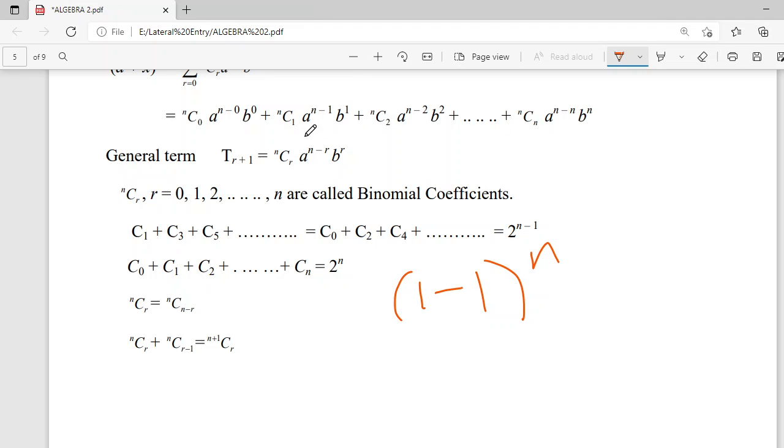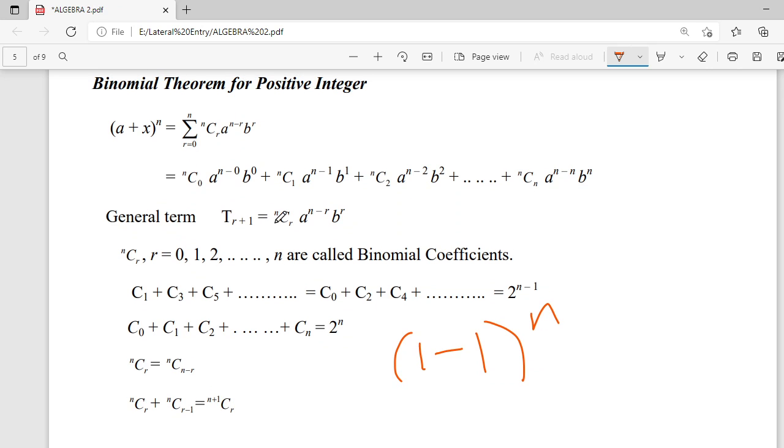In the expansion of (a minus b) whole to the power n, the sign changes alternately. So from this you have C naught minus C1 plus C2 minus C3, etc., and ultimately it is equal to 0.